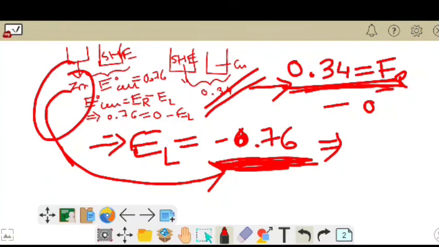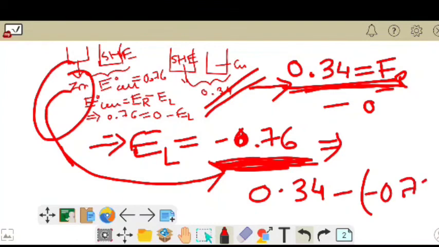Now in order to calculate the electromotive force or EMF, you just have to subtract again. Individually you have got zinc and copper. Now again you use the same formula in order to calculate that. E right is what, 0.34, isn't it? So you will write 0.34 minus, now again minus of 0.76.